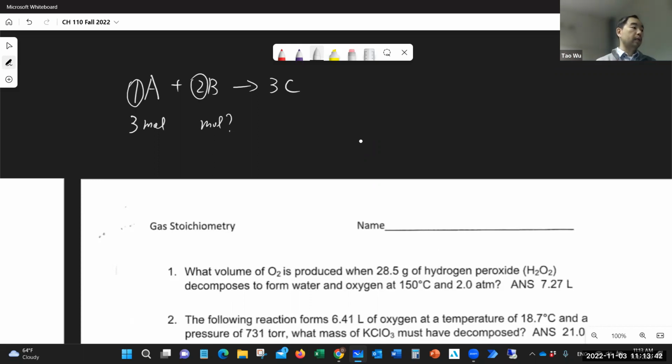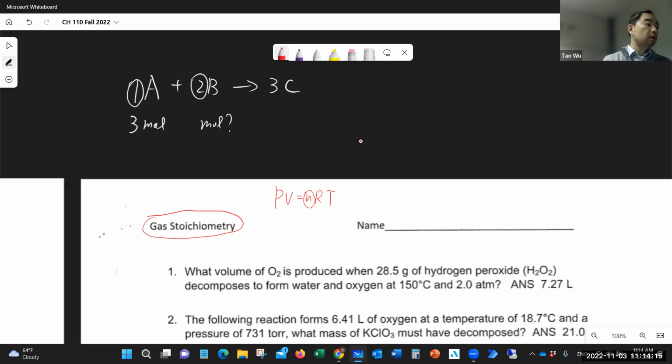But today, we're going to talk about another stoichiometry, which is called gas stoichiometry. Think about how we get the moles of a gas. PV equals nRT. Remember, what is n? n is the moles of a gas. So this is another way to figure out the moles of a compound in the chemical reaction, using the ideal gas law.